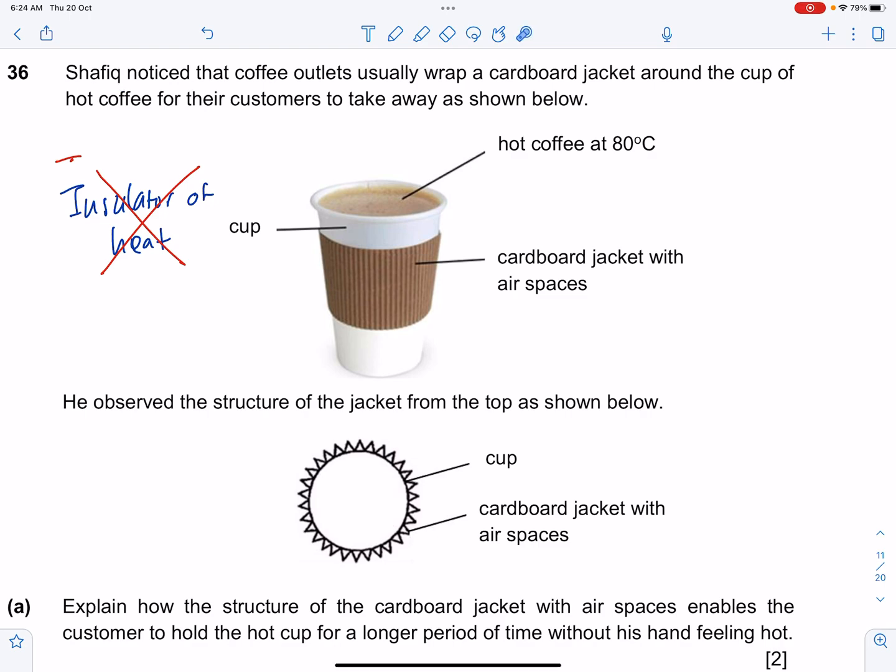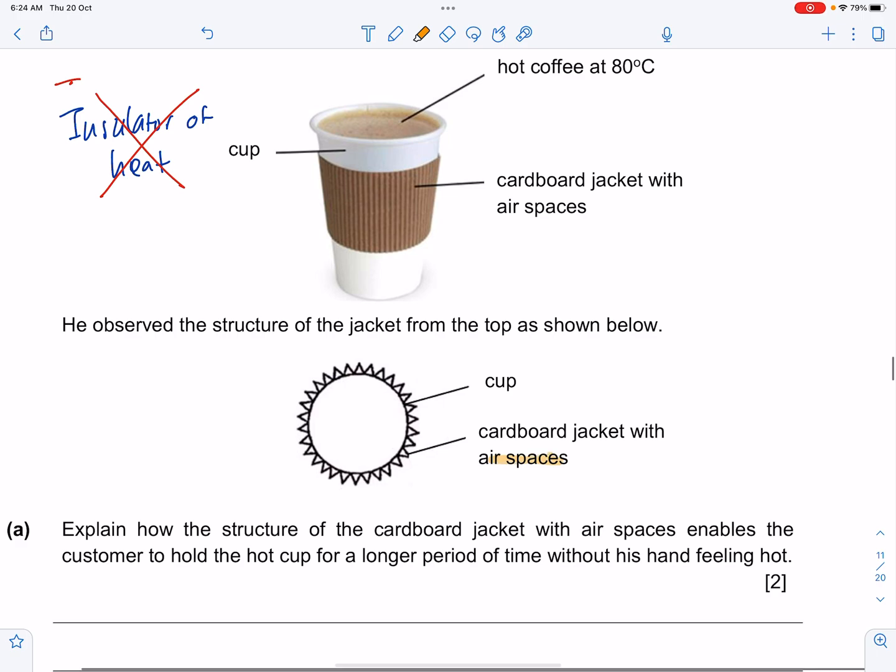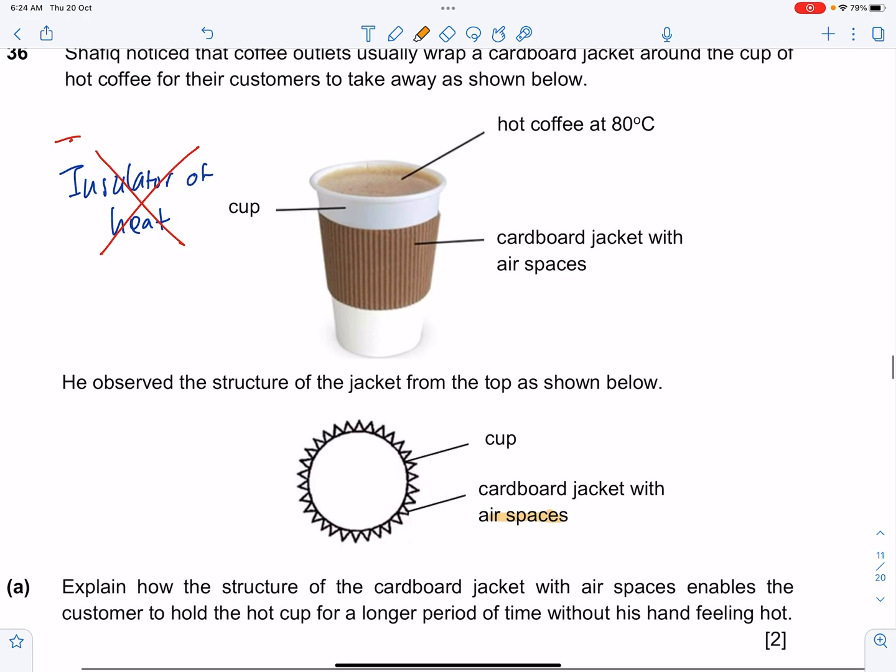Shafiq noticed that coffee outlets usually wrap a cardboard jacket around a cup of hot coffee for the customers to take away as shown. Okay, he observed the structure, and then after that, in the question, they have this keyword here, air spaces. So when you think about it, okay, I see temperature, I see hot coffee. Okay, I know that this is a heat question. And then after that, I actually see air spaces.